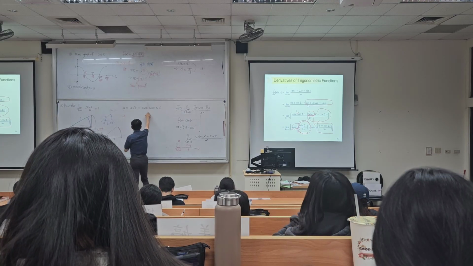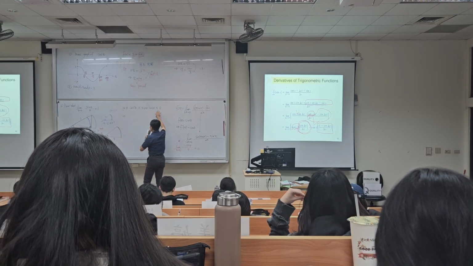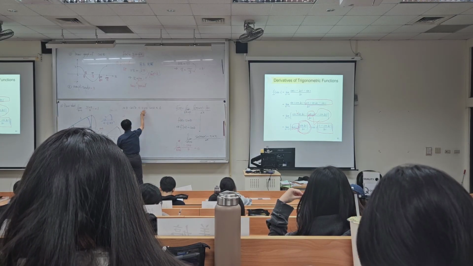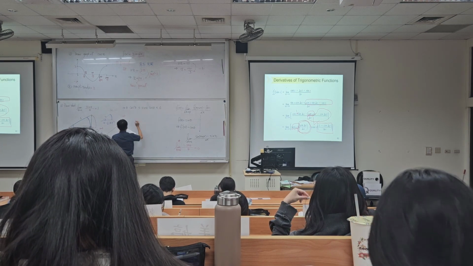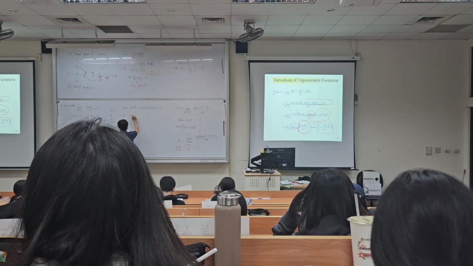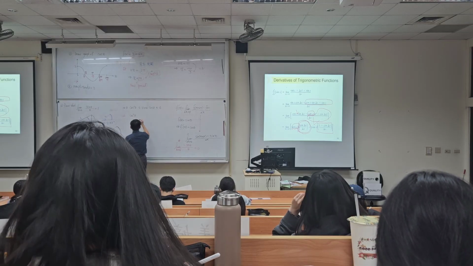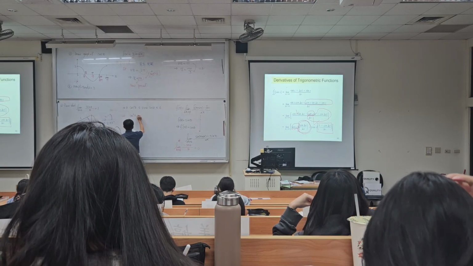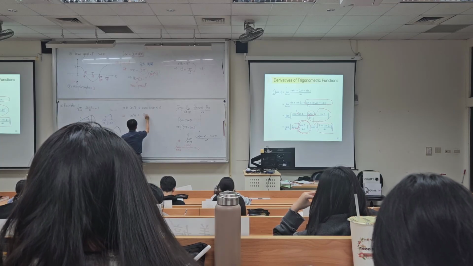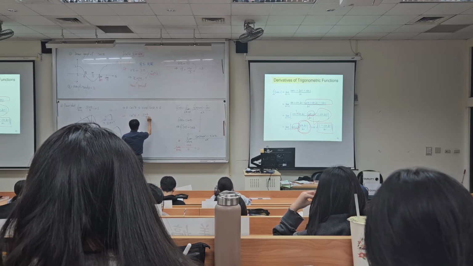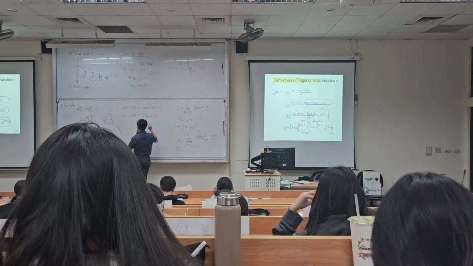Then we divide by theta on each side. So cosine squared theta is less than or equal to sine theta over theta, which is less than or equal to 1.